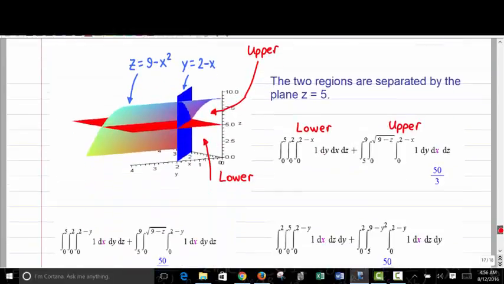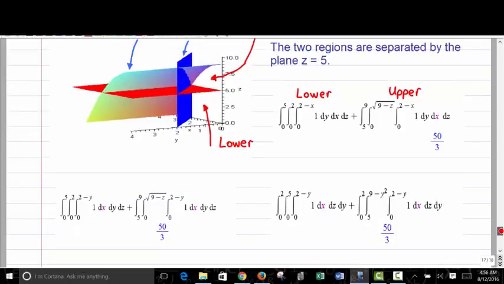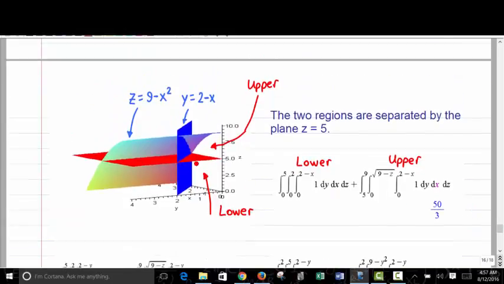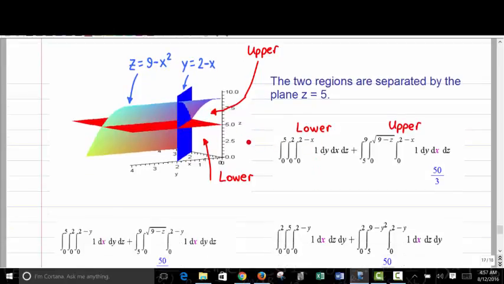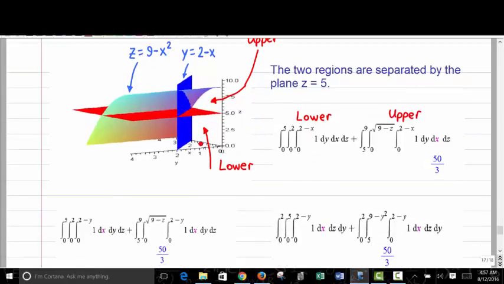But not going into too much detail, what makes this one have to be separated at z equals 5, because you're going to have some of these other issues, you're going to have to split this into two sets of double integrals, one on the bottom and one on the top, because if you're going in the x direction, you've got two different regions.